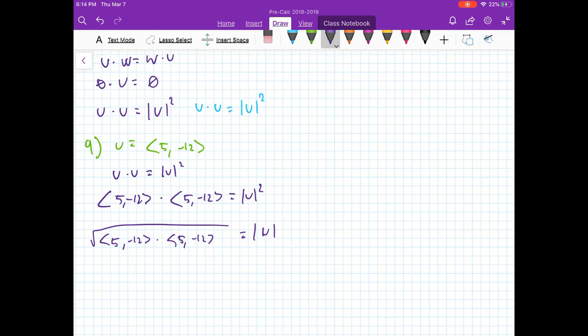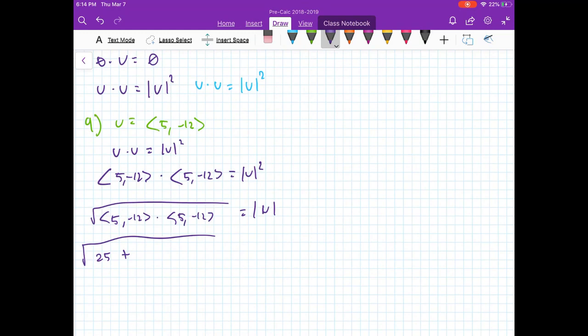Excellent. Let's go ahead and solve this. Let's define a dot product. We're going to multiply the x's together, so that is 25. And then we're going to add to that the y's multiplied together. That'd be negative 12 squared, or another way to write that, simply 144.